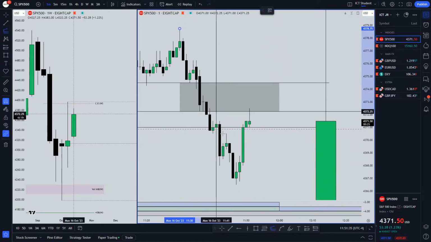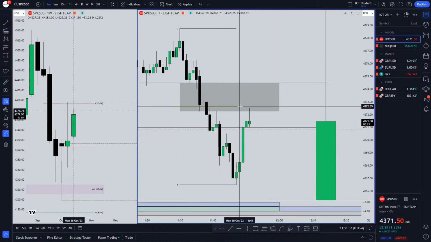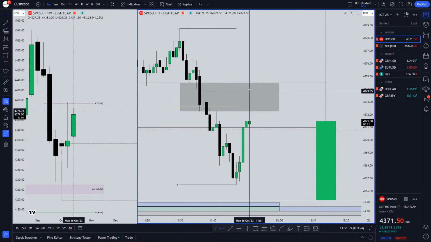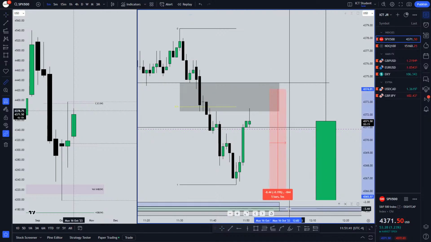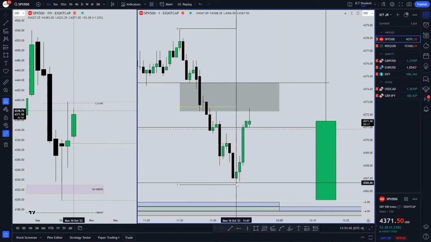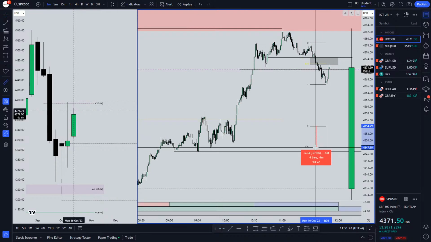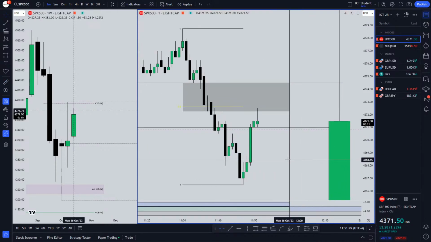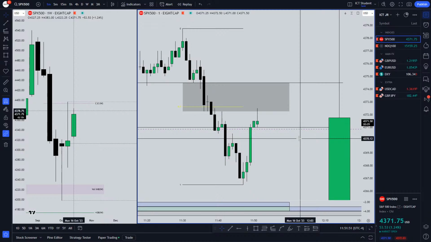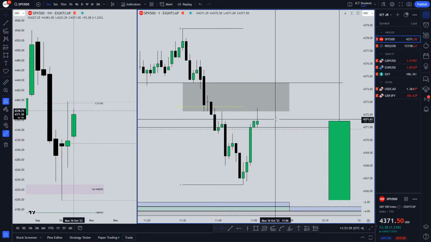You want to have more confirmation. You can use the dealing range of this fractal area right here. Anything above here would be a premium, so that would be ideal for shorting. And just holding to a discount down here, the 2.5 level around here, it's kind of an ideal range you want to be taking a trade idea off of for SPX here. And of course my bias is short, so if we do go back into premium, I kind of will take this.